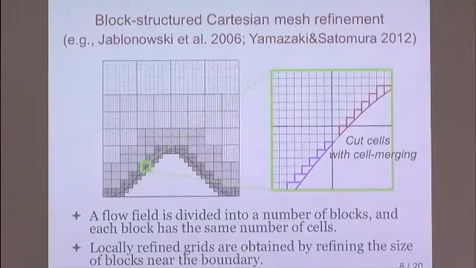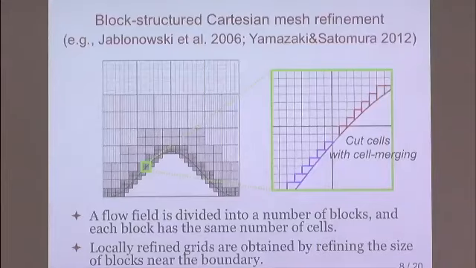So to cope with this problem, my model Sayaka employs a block structured Cartesian mesh approach in combination with Cartesians near the boundary. In a block structured mesh refinement, our flow field is divided into a number of blocks like this, and each block has the same number of cells.